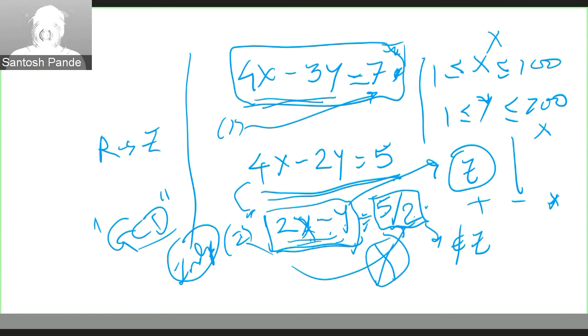If it says that an unbounded solution exists, like in the top example of 4x minus 3y equal to 7, the GCD 1 dividing 7, there is an unbounded integral solution to that equation, but there may not be a bounded one given x and y's constraints.